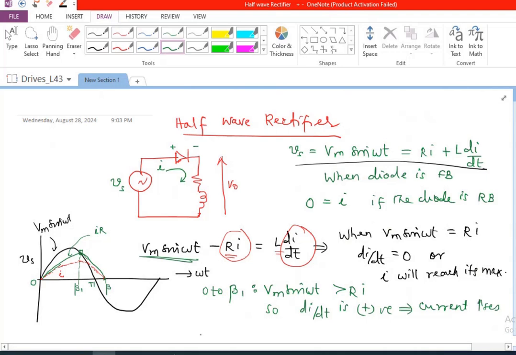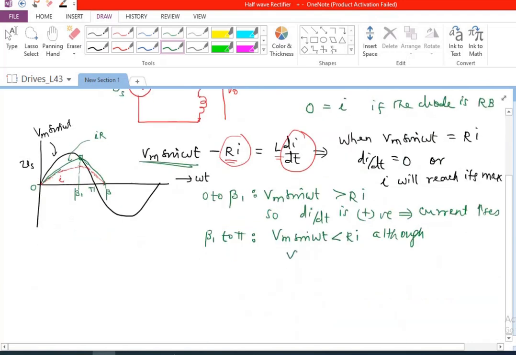Now, from beta 1 to pi, Vm sin omega t is less than Ri, although Vm sin omega t is still positive.